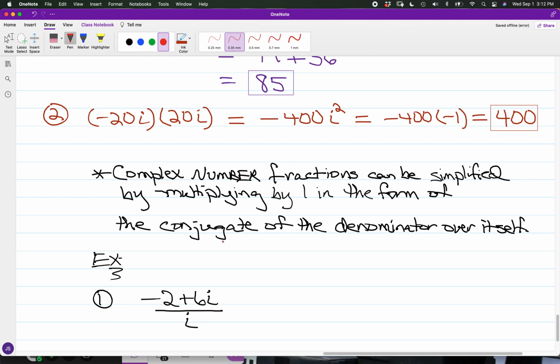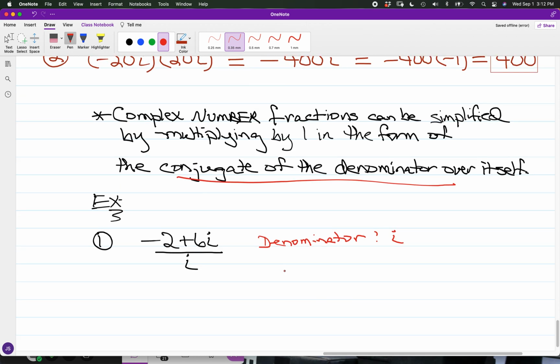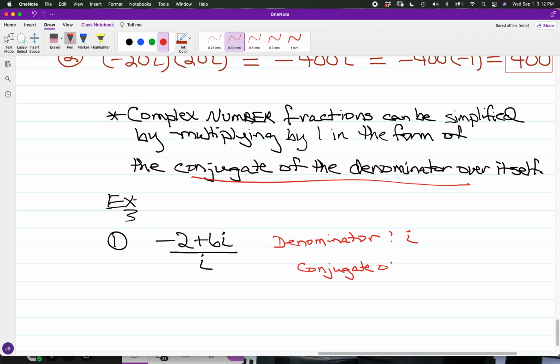So you got the conjugate of the denominator over itself, where the denominator is i. Okay, so the conjugate of i is going to be negative i.